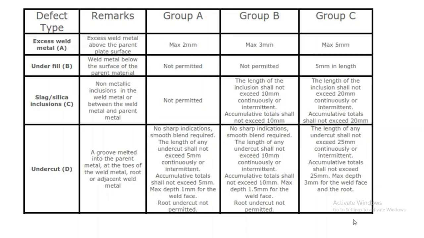We are allowing in weld face and root. Okay. Here also you have to consider continuous or intermittent. You have to take the accumulated total and check with the value.